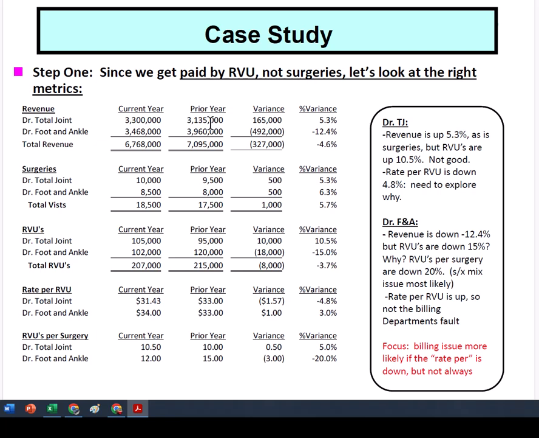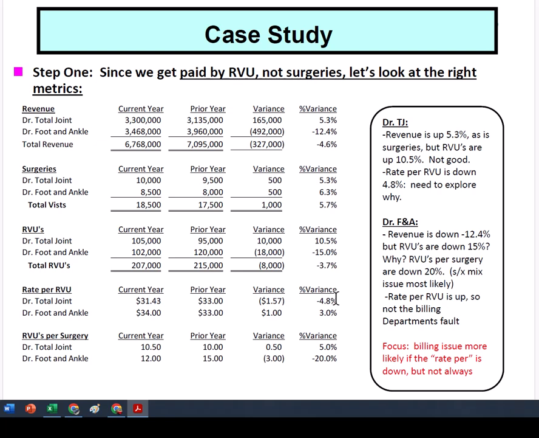So, let's look at some data here. Dr. Total Joint's RVUs are up 10.5%. So, if we just do this relative percent method, his revenue's only up 5.3%, right? His rate per RVU is down.